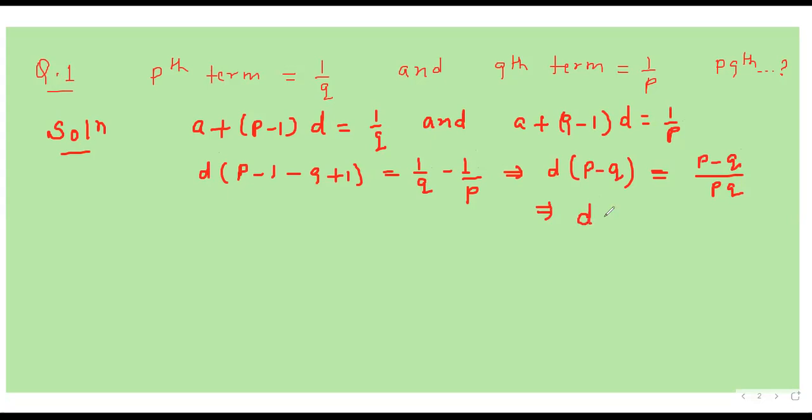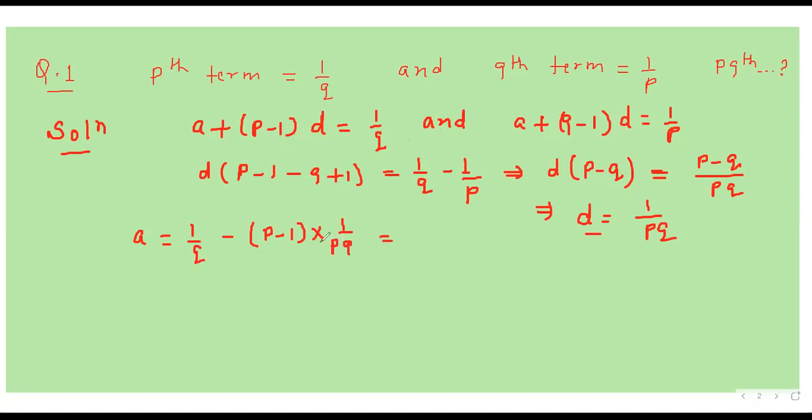From there, we get d equal to 1 upon pq. Now, from this equation, a plus p minus 1 into d equal to 1 upon q, we put the value of d. So we get a equal to 1 upon q minus p minus 1 into d. d is 1 upon pq.